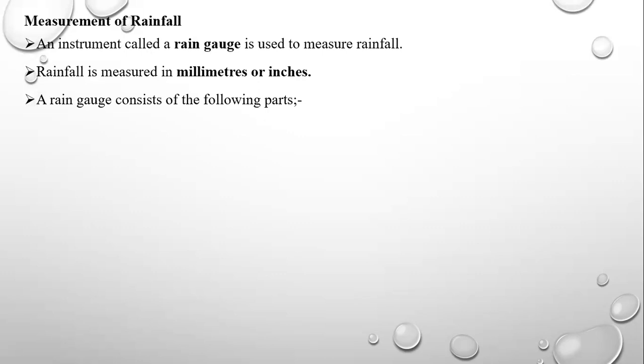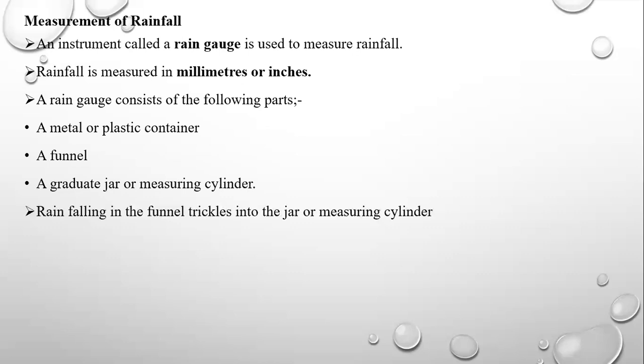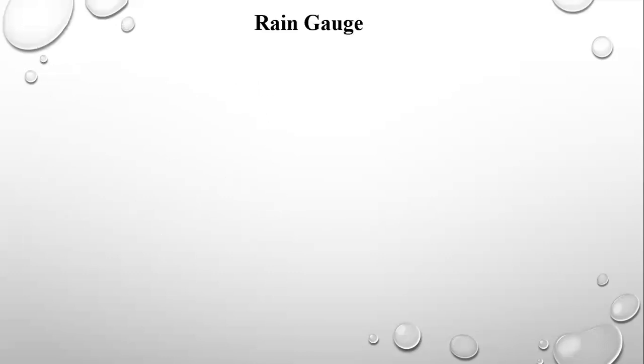A rain gauge consists of the following parts: a metal or plastic container, a funnel, a graduated jar or measuring cylinder. Rain falling in the funnel trickles into the jar or measuring cylinder. The measurements are taken every 24 hours at a weather station.